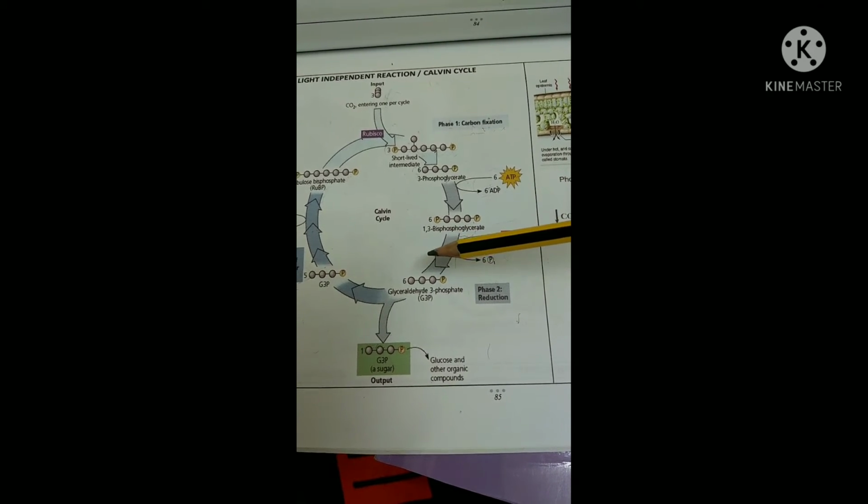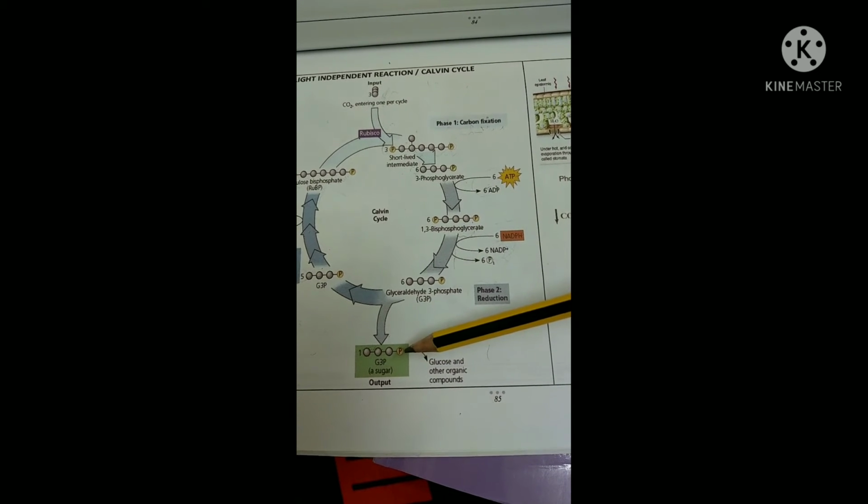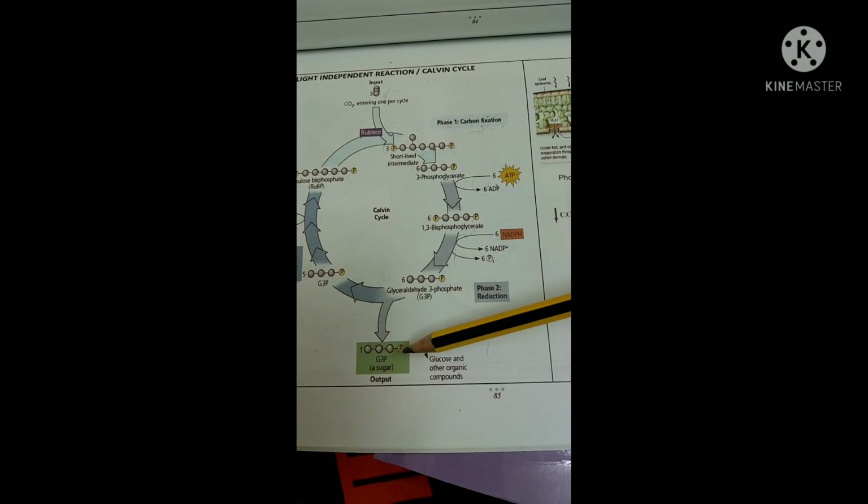Of the 6 molecules of G3P, 2 molecules of G3P will be used to synthesize sugar, and it will produce glucose.